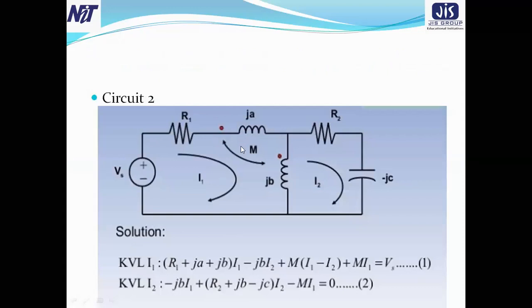So here look what is happening. M will be positive for the first loop because both are at the starting point, the plus position.